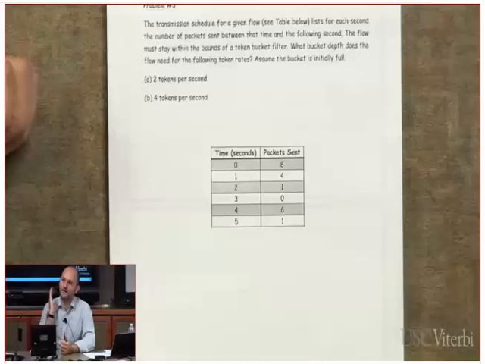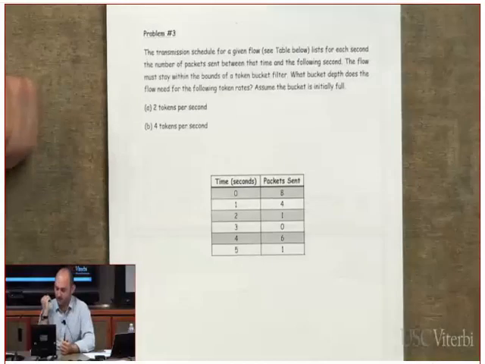We serve 4. We have 0 tokens left. We have 4. You agree? In the next slot, we have 4 plus 1, 5. New tokens, 4. We have 0 left and 1 packet left. Over here, we have 1. We have 3 tokens, which means we have 3 left and 0 packets left, okay? Over here we have 0 plus 6, 4 tokens, 0 tokens left, and 2 packets left. Am I right or not? Sorry.